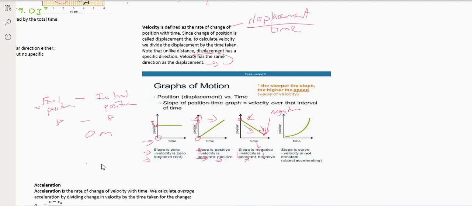Now, there are times when our position versus time graph can be a curve, right? And in this case, the velocity is not constant. So our velocity is changing, so to speak.